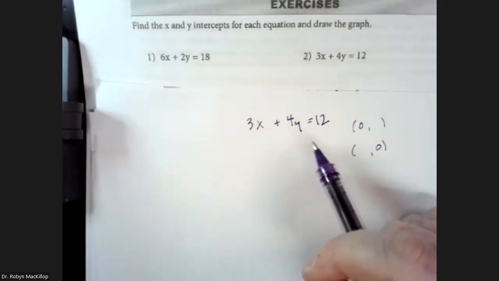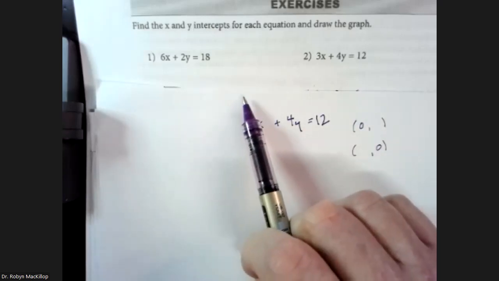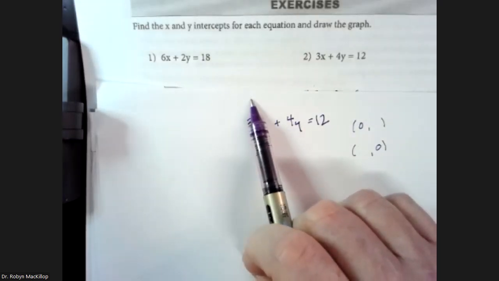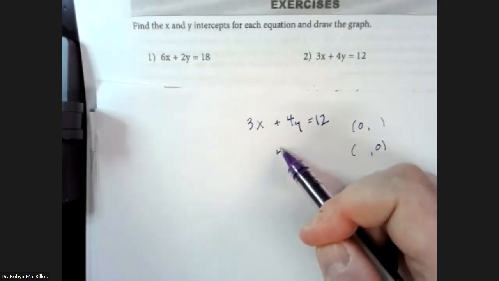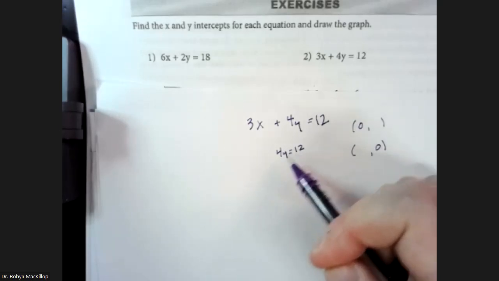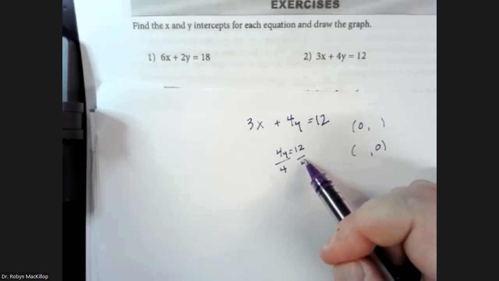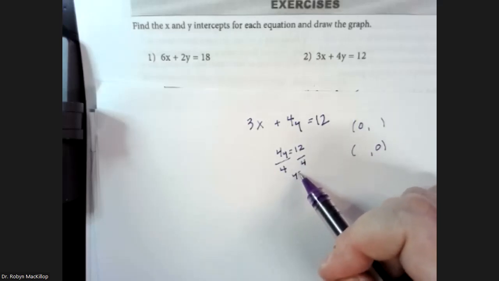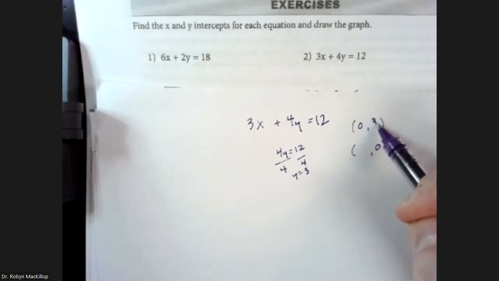So we're going to start with X is 0, which means 3 times 0 is nothing. Our new equation is 4y equals 12. And it looks a little more familiar, right? We're going to divide out that 4, which gives us y equals 3. So our y is 3.